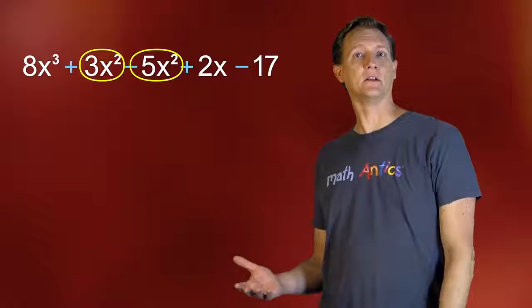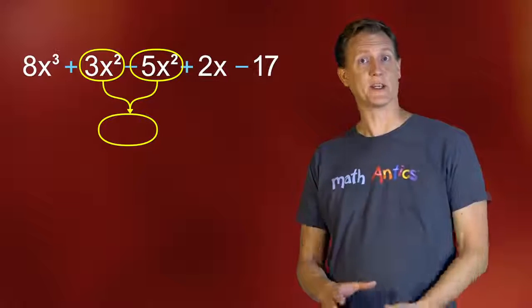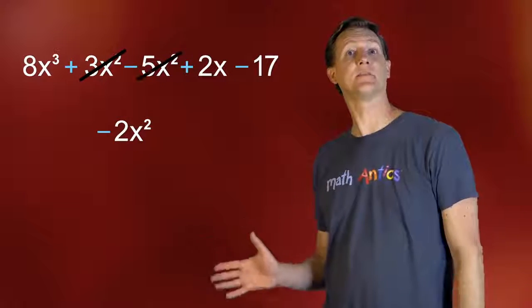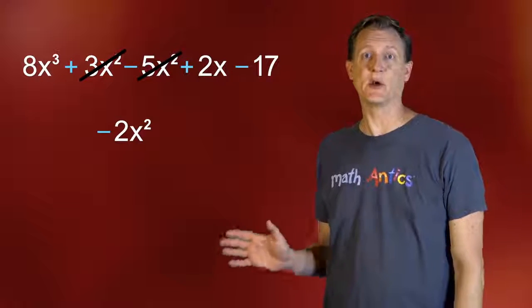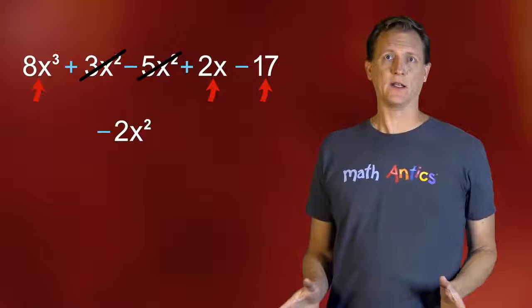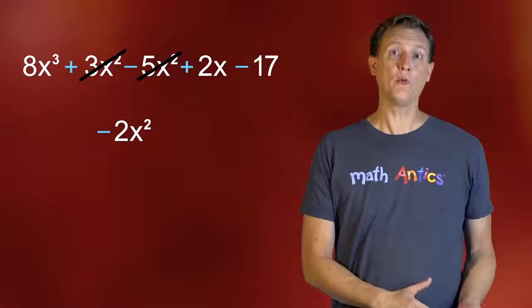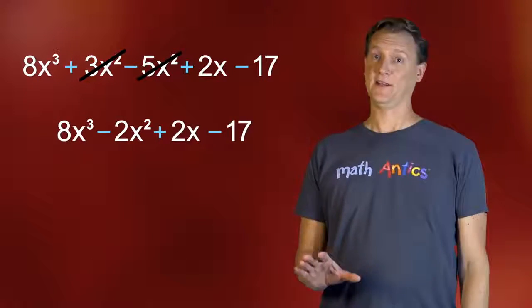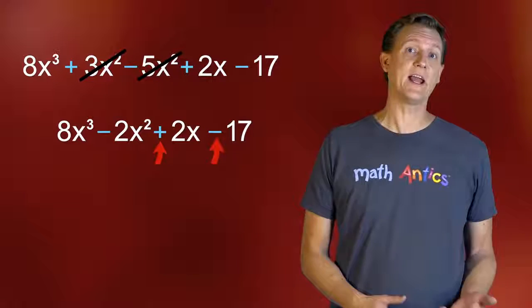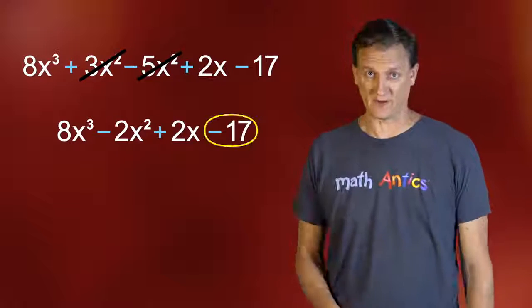I like to look for pairs that I can combine, and then, once I combine them into a single term in my simplified polynomial, I cross them off in the original polynomial so I know that I've already taken care of them. Any terms that can't be combined just come down into the simplified polynomial as is. Oh, and to make things easier, don't forget to treat each of the terms as either positive or negative depending on the sign right in front of it.